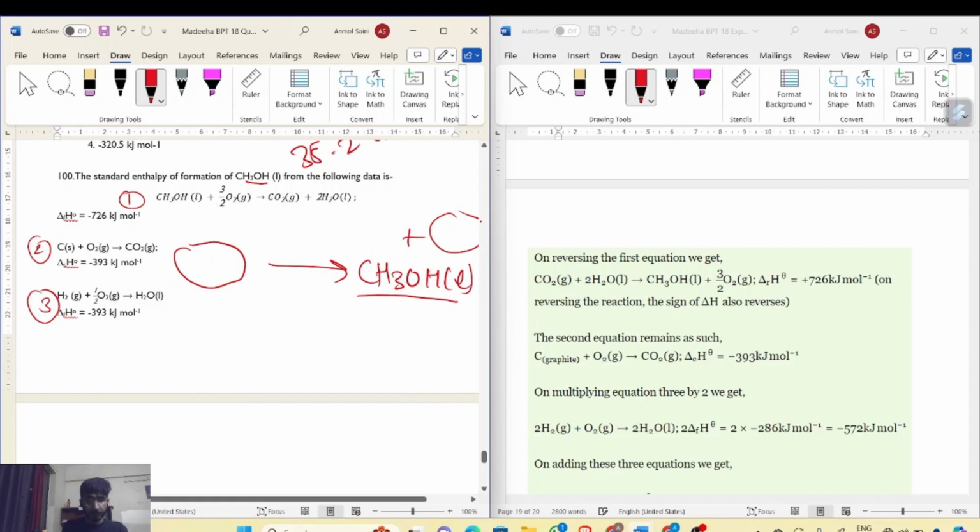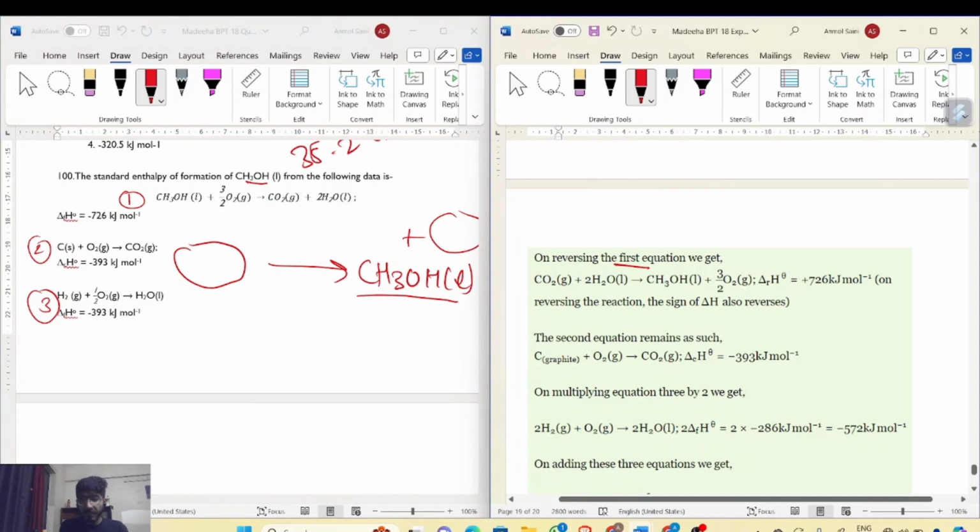We want CH3OH on the product side, so we can just reverse this reaction. First of all, we are reversing equation number 1. When we reverse, we will get CO2 and H2O giving CH3OH and oxygen gas. Here the enthalpy of formation is minus 726, but it will become positive because we have reversed the reaction.